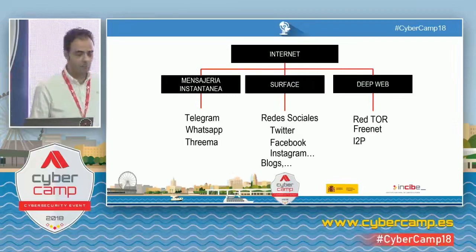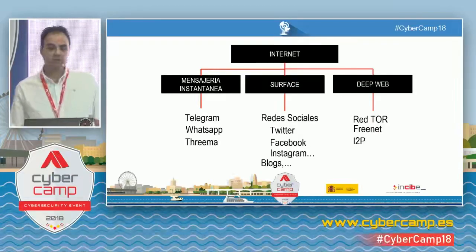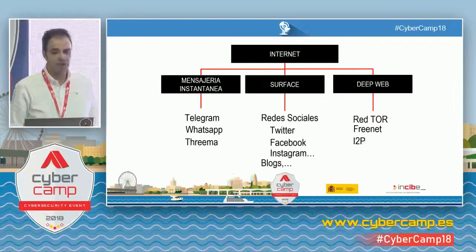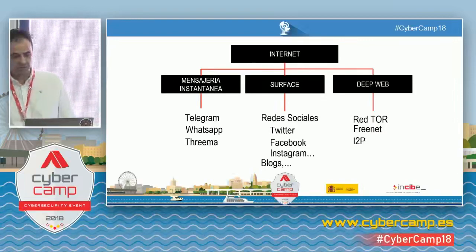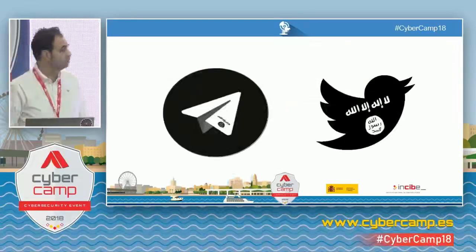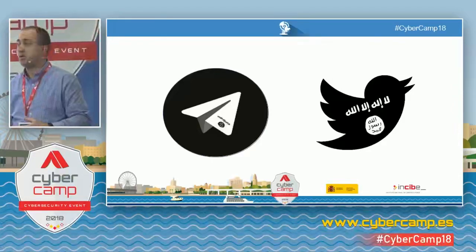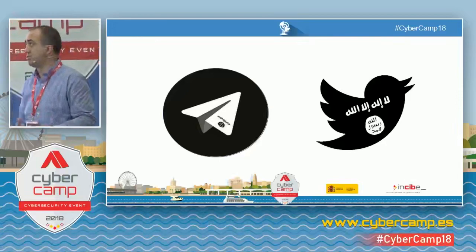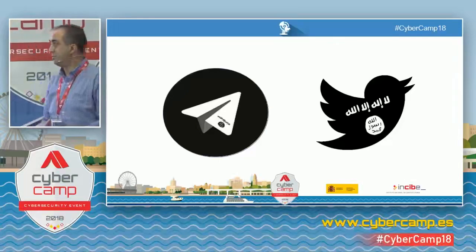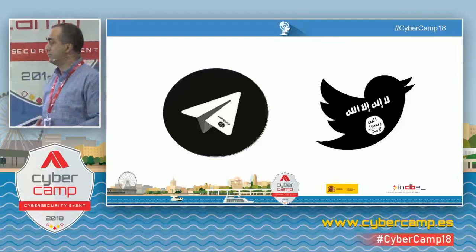So no matter what we try to do to stop these channels, they sprout back very quickly, because social media disseminate their messages and hide their identity. Messages are very easily disseminated through social media.